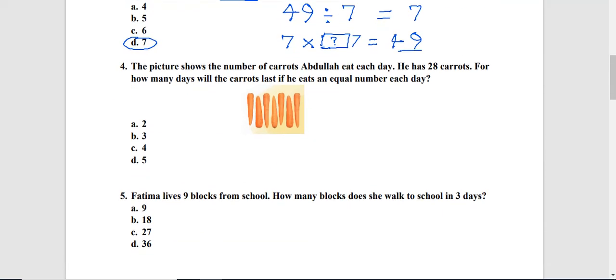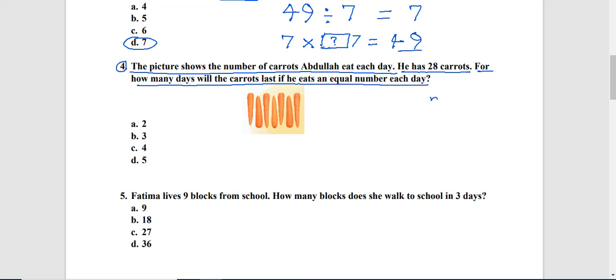Question number 4. The picture shows the number of carrots Abdullah eats each day. He has 28 carrots. For how many days will the carrots last if he eats an equal number each day?